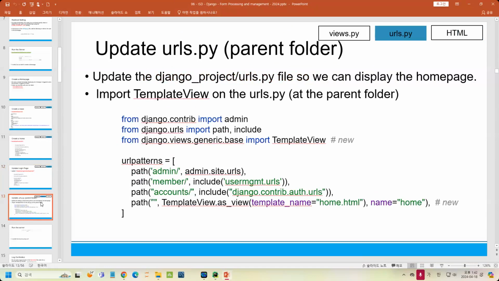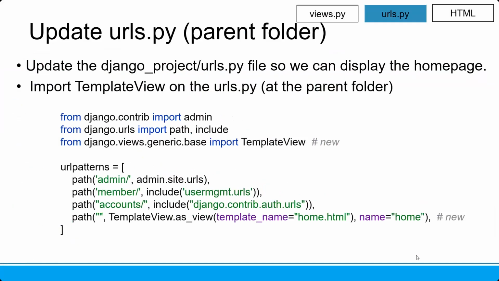Now we need to update the urls.py of the parent folder. Let's update the Django project. Okay, so the Django project is the big project, so I'm going to use the urls.py of the big project so we can display the home page.